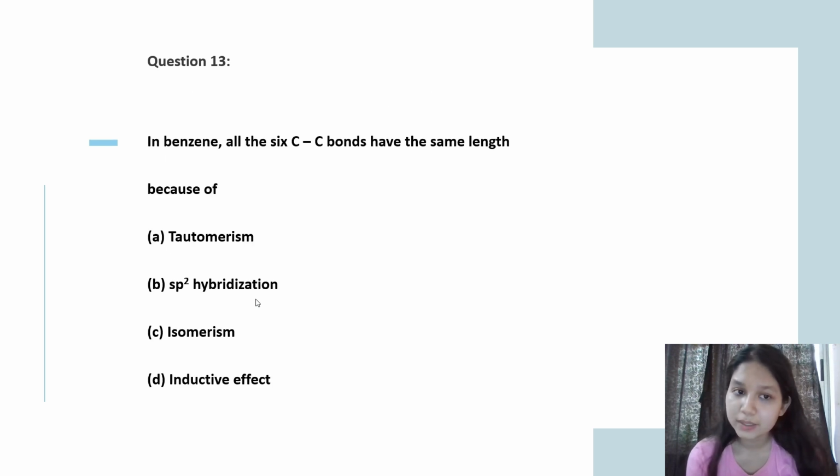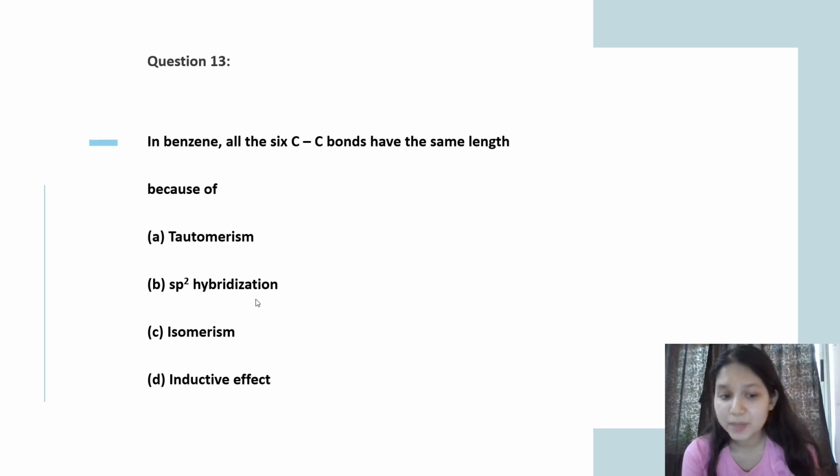So, in the next question, we have: in benzene, all the 6 carbon-carbon bonds have the same length because of which of the following reasons? Is it tautomerism? Is it due to sp2 hybridization of the carbon atoms?